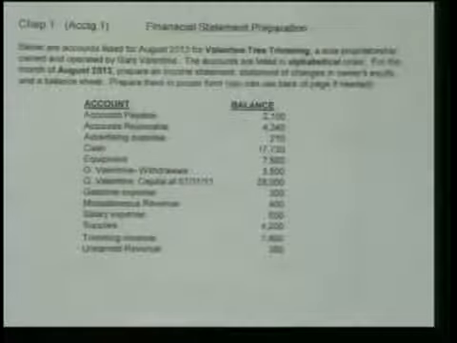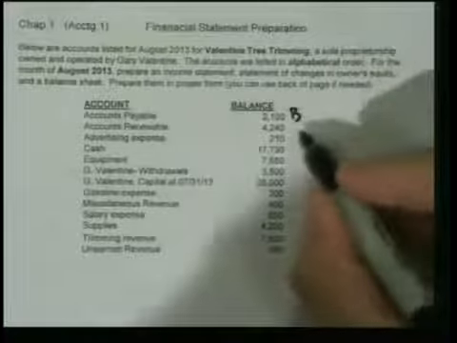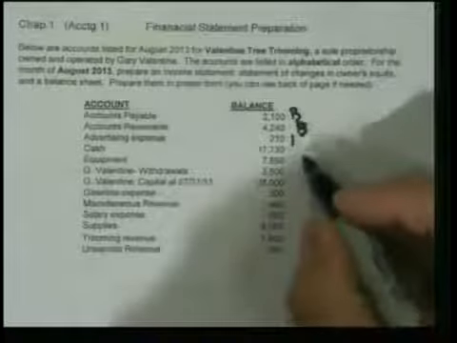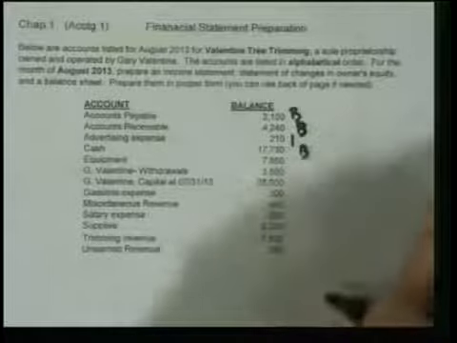Okay? One thing that I hope you did is at the very beginning, and I've said this before, but I hope when you got this, you went through these and put what financial statement each was going to go on, like that, okay?